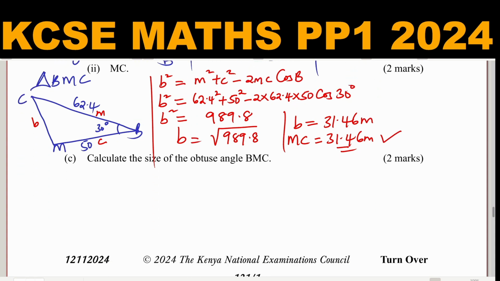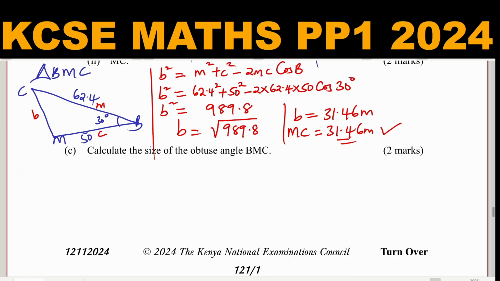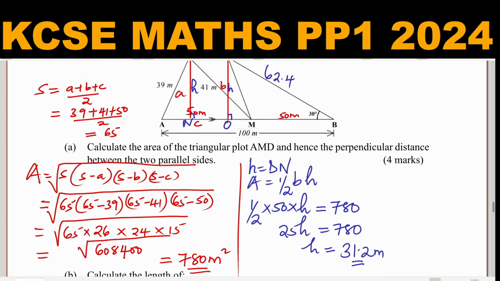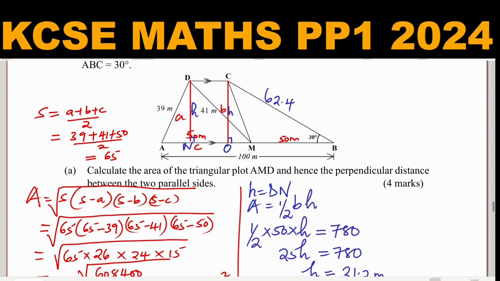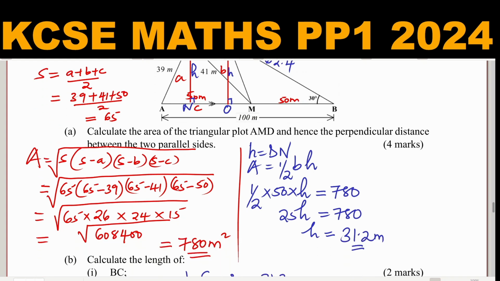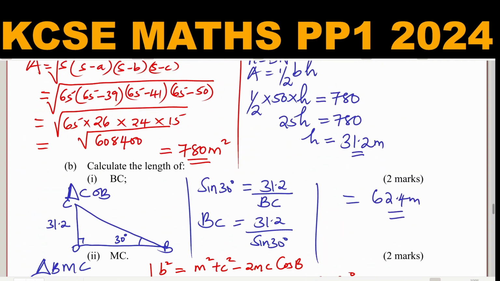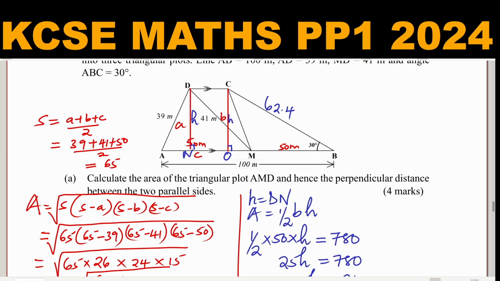Part C, calculate the size of obtuse angle BMC. What is an obtuse angle? An obtuse angle is an angle that is greater than 90 degrees but less than 180. The obtuse BMC, we identify in this diagram, is this angle that is here. This is the angle BMC.